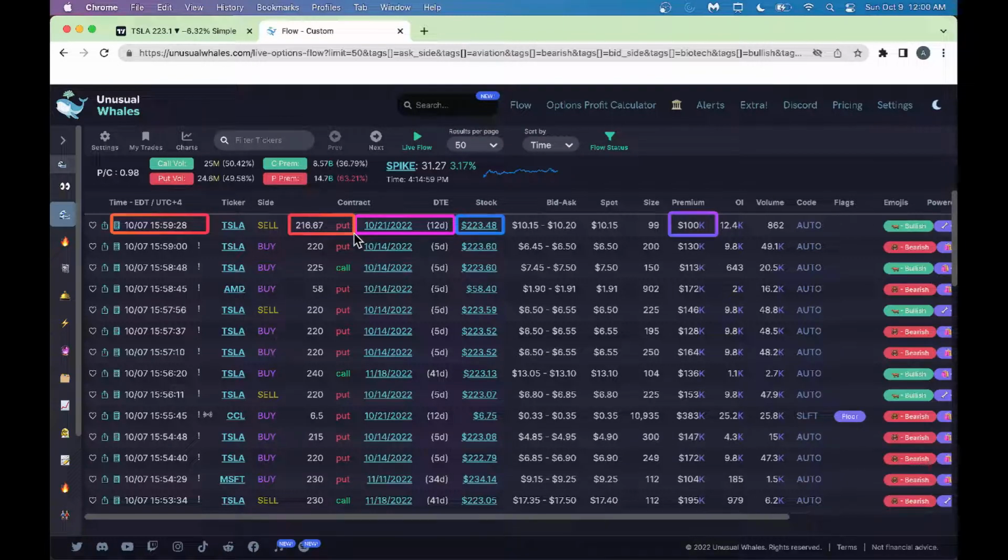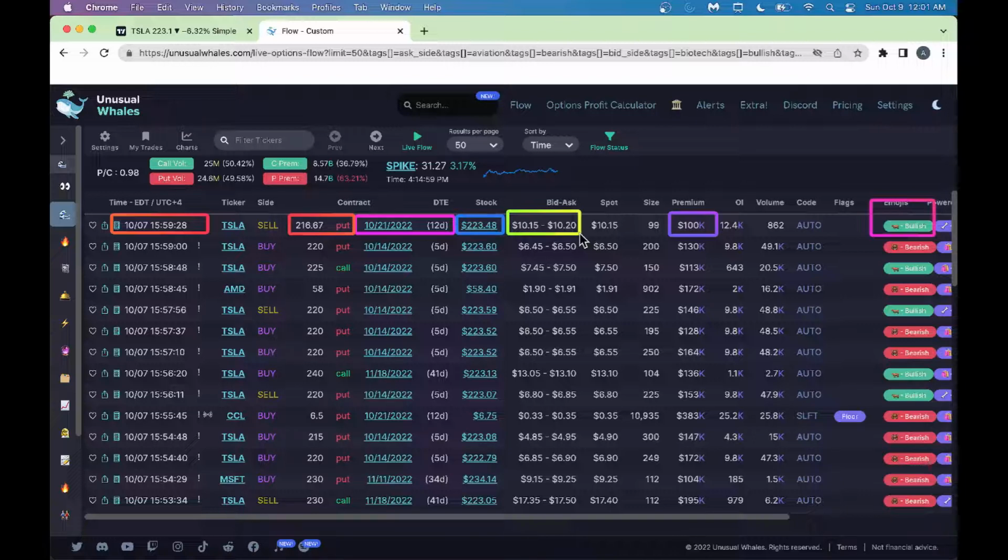They're selling it, and look, it's a bullish. The way this platform tags the bullish or bearish is pretty well understood in the industry. Look at the bid ask spread here. It's 10.15 to 10.20, just a $5 bid ask spread. That tells you Tesla is very liquid.